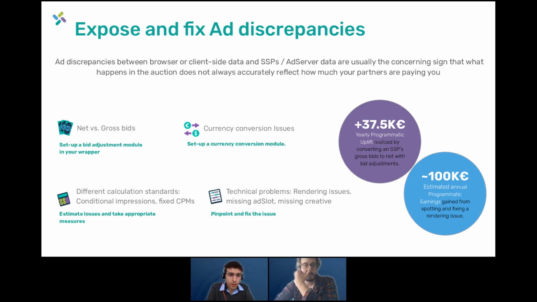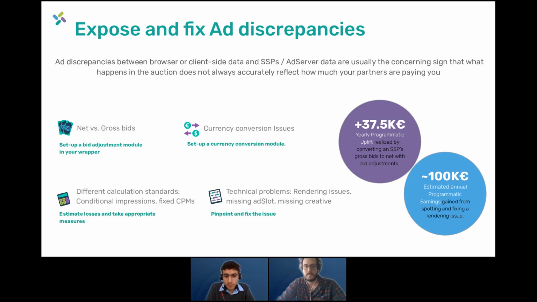We didn't know quite well how to handle this, but it turned out that there is a lot of value that can be made by understanding why there are ad discrepancies. The way that we define ad discrepancies is: discrepancies happen when the data that you are collecting from the browser and the data that you are collecting from your SSP or your ad server is different.